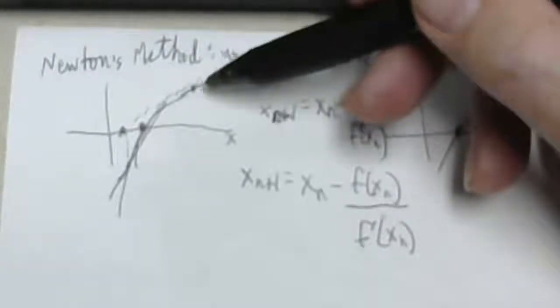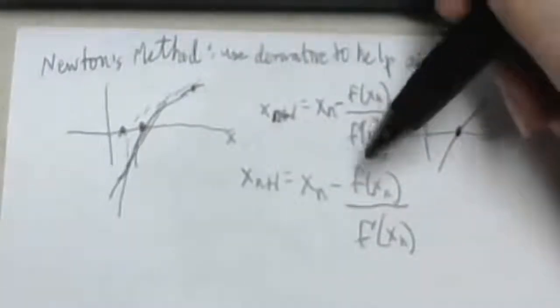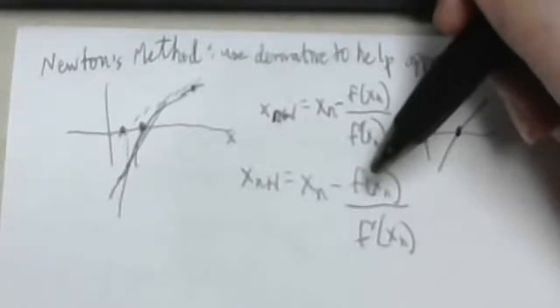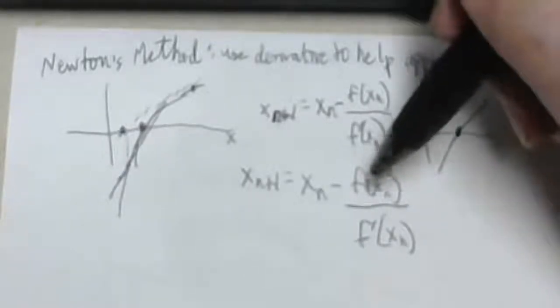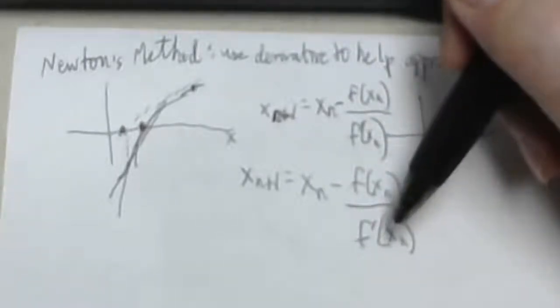And then it's like, well, I'm using my computer or my calculator to do all this, so why don't I just graph this and find out where that is? That's normally what we would do.